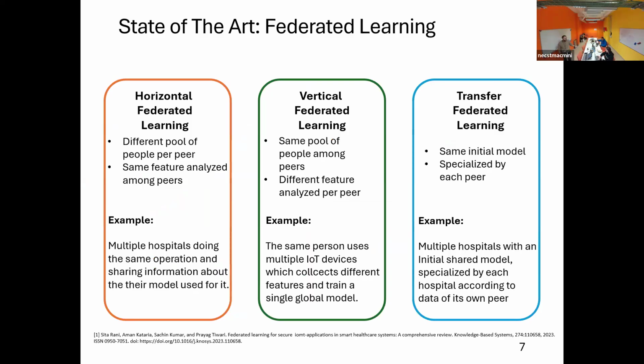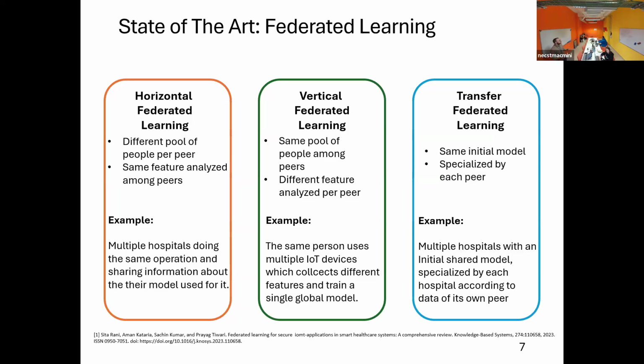There are different kinds of federated learning. There is the horizontal federated learning, in which we have different samples, different people, if you think about hospitals, but the same kind of features. In vertical federated learning, instead, we have the same sample of people, but different kinds of features analyzed.